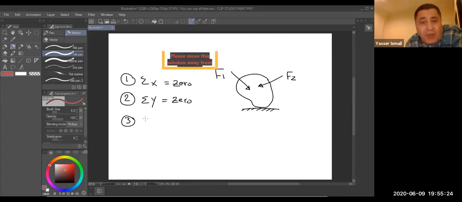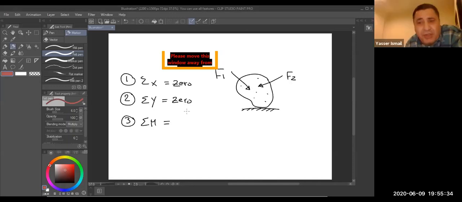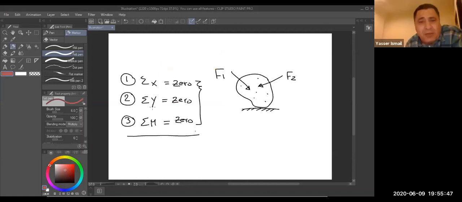The third equation is sigma m, the moment at any point inside this body, should be 0. If I have these three equations in any particular body, sigma x equal 0, sigma y equal 0, sigma m equal 0, I will say this again.